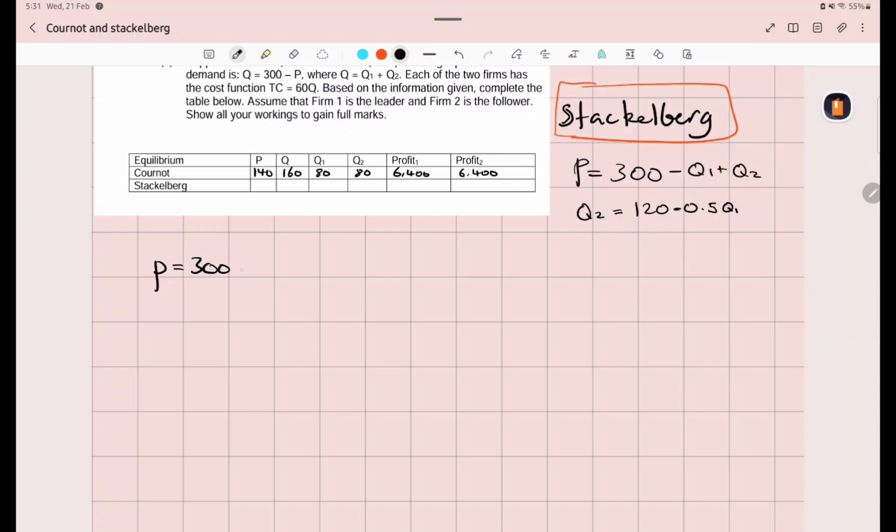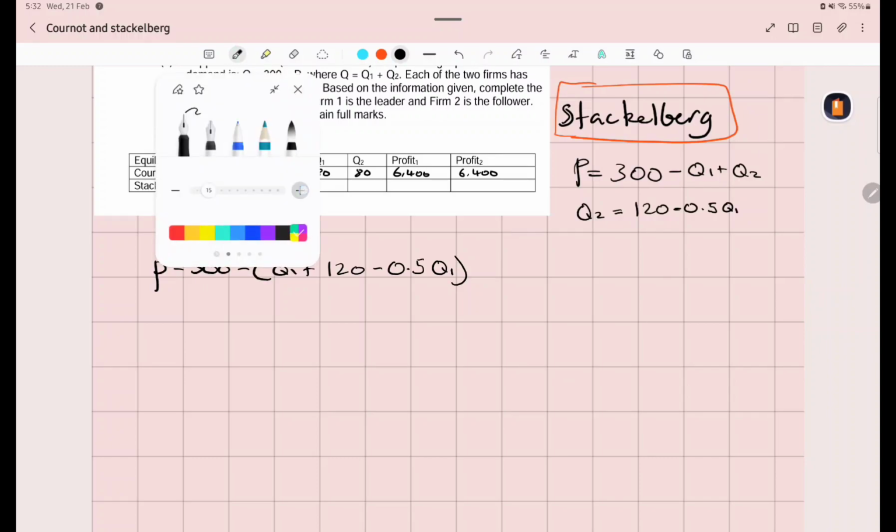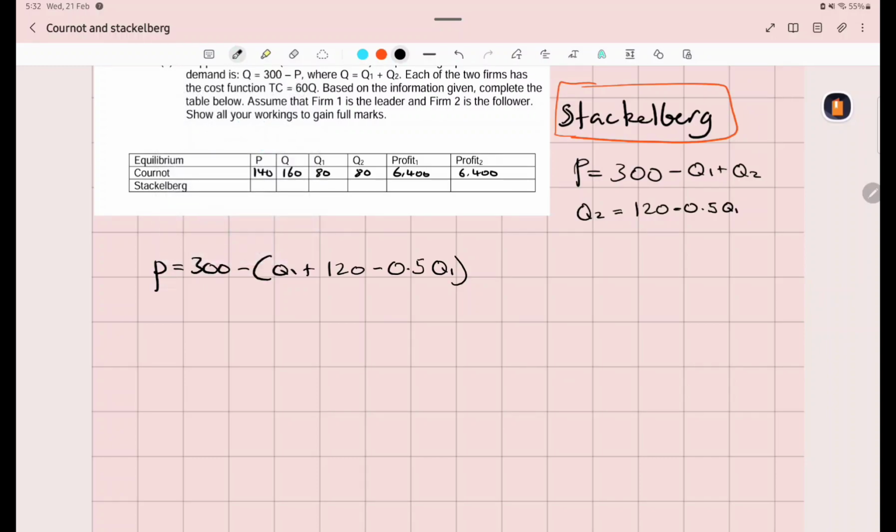P equal to 300 minus Q1 plus, and now we make the substitution. And we will distribute that negative, which will change all the signs and also break the parentheses.